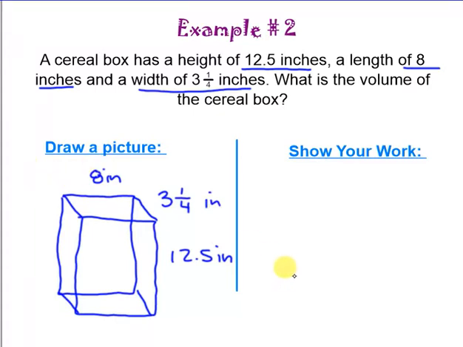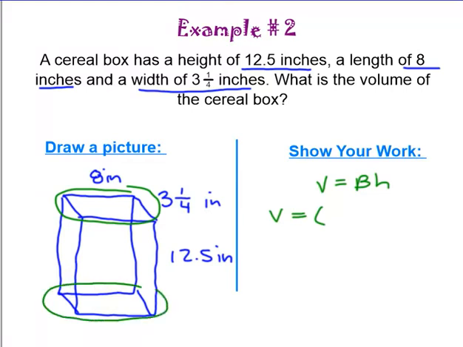Okay, now let's go ahead and actually solve. So we're going to use volume equals big B times H. Volume equals, we're going to focus on the base right here, which is the same as this base right here. And that's going to be 8 times 3 1/4. Now I'm going to change that 3 1/4 to a decimal so that it's easier to work with. And so I'm going to change it to 3.25.